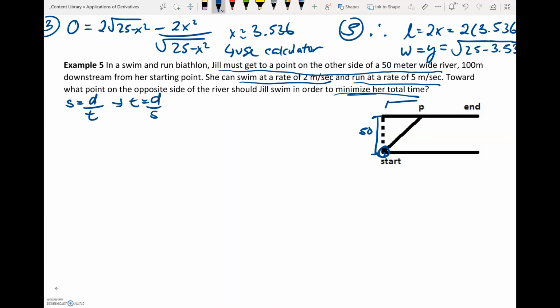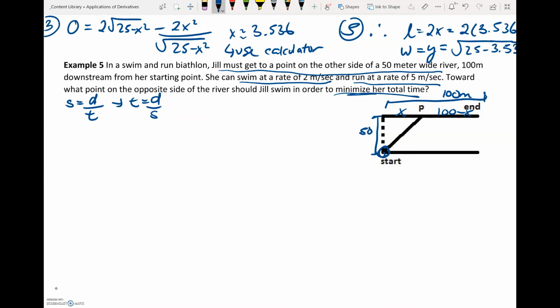So this whole length here then is 100 because that's downstream. We don't know how far downstream she should go, so we can call that x. If I call this x, that means this length will be 100 minus x, because this would be 100, the total length downstream, minus how far she should swim to the opposite side of the river.